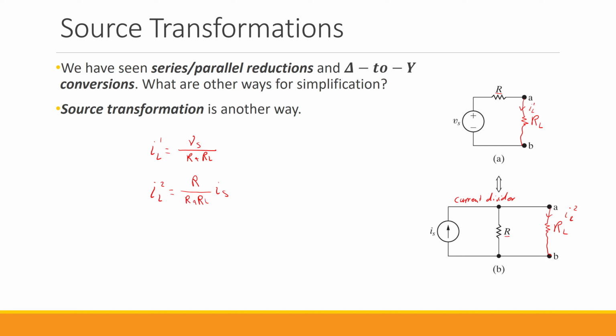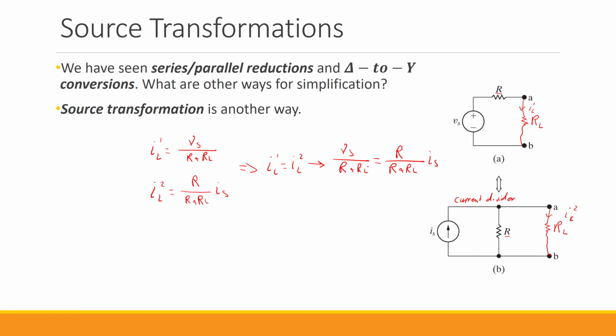Now for these two circuits to be equivalent, IL1 needs to be equal to IL2, or Vs divided by R plus RL must be equal to R divided by R plus RL multiplied by Is.